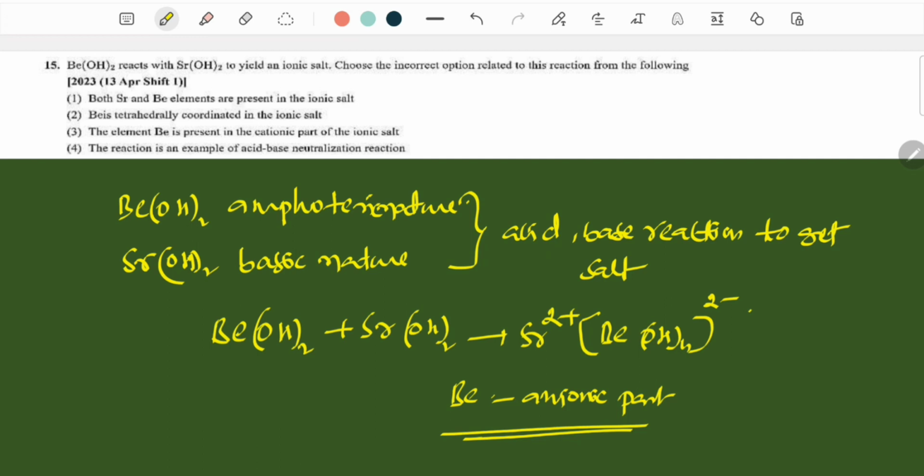According to the question, which is the right option? The element beryllium is present in the cationic part of the ionic salt. That is the third option, which is incorrect. Beryllium is actually present in the anionic part. The option is third.